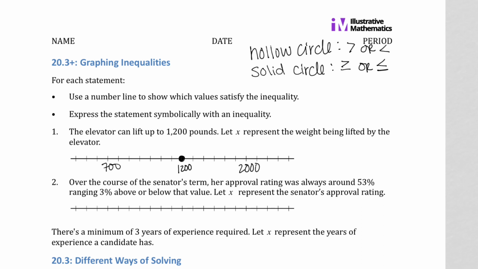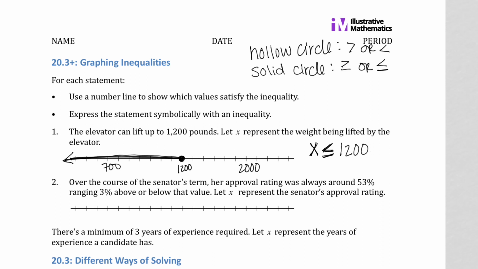It goes to the left, because it can lift up to 1,200 pounds. It can't do more, so we want it to be less than. So what would my equation look like for X? X is less than or equal to 1,200.